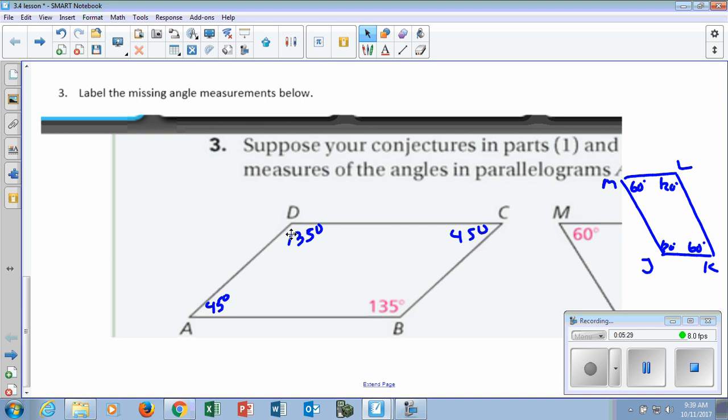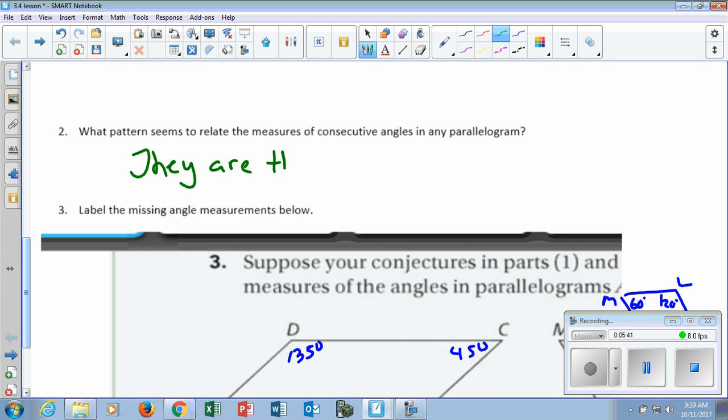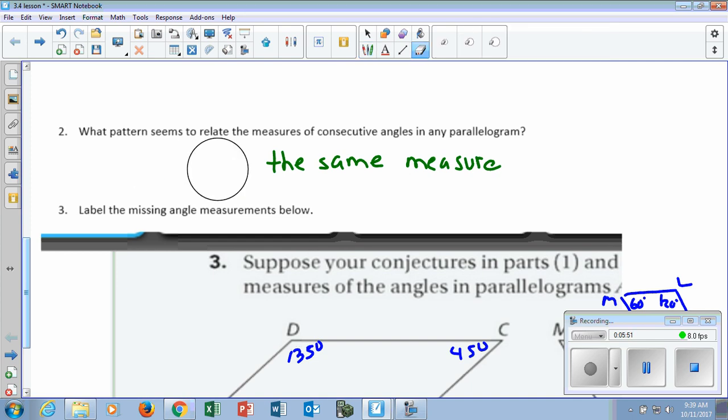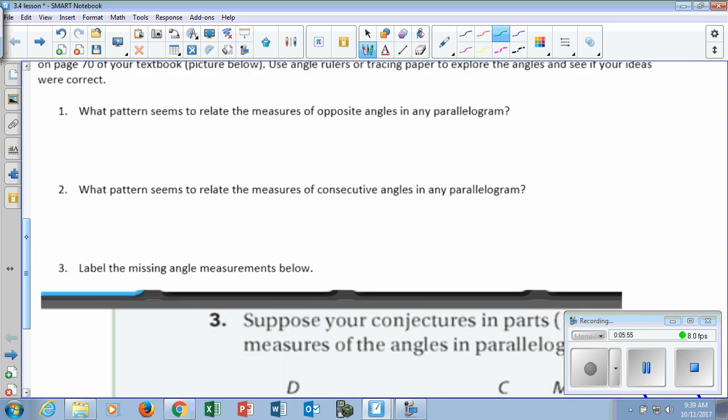So that means they're what then? Same. They're the same, right? So the opposite angles, they are the same measure. They're the same degree. Oops. I answered the wrong question.